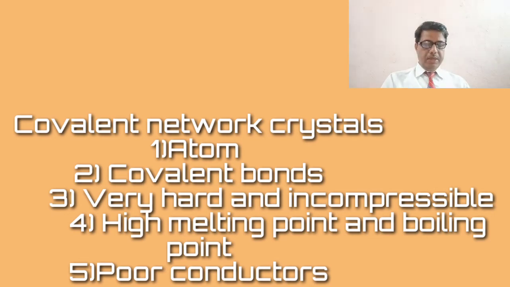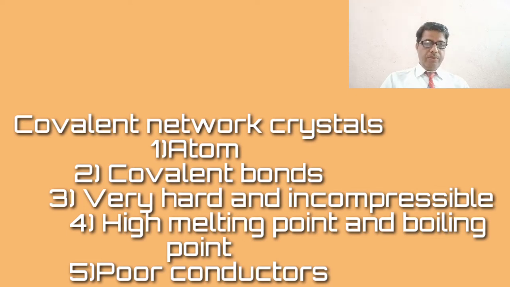So simple examples are diamond, quartz, that is silica SiO2, which is one form of silica, boron nitride, carborundum. All these are examples of covalent network crystals.